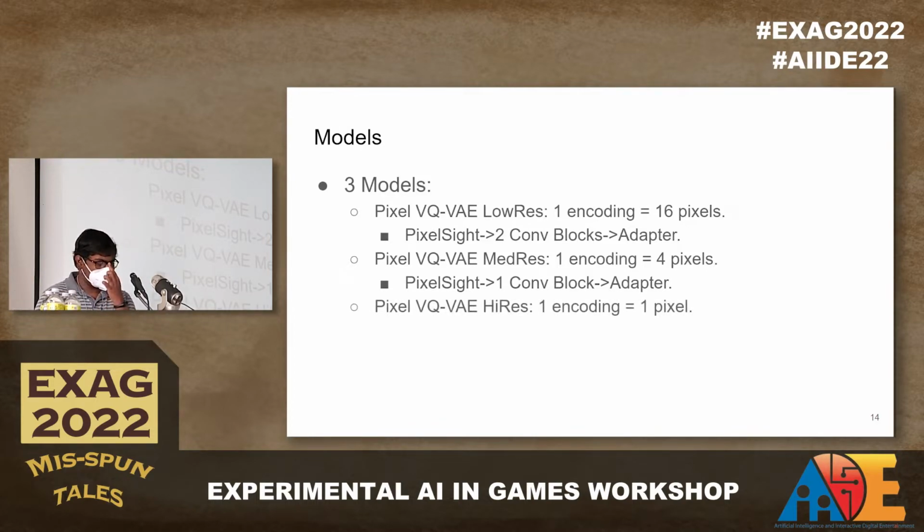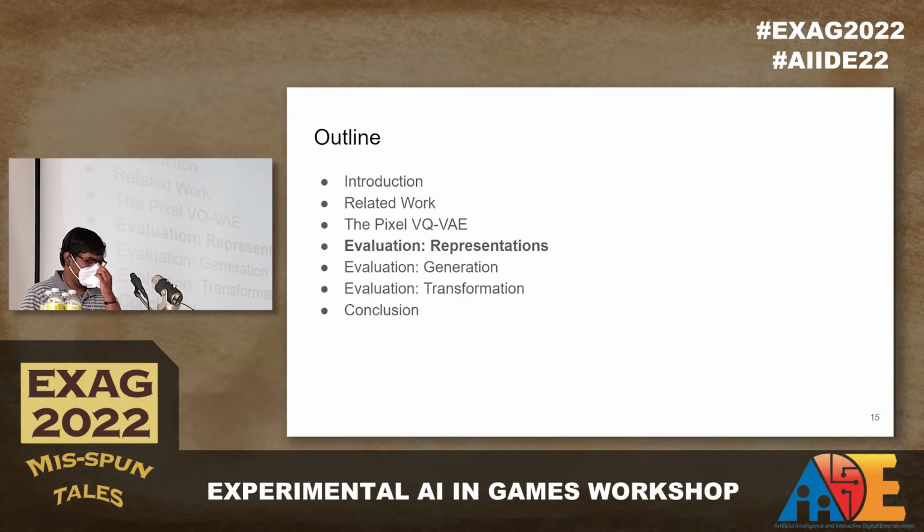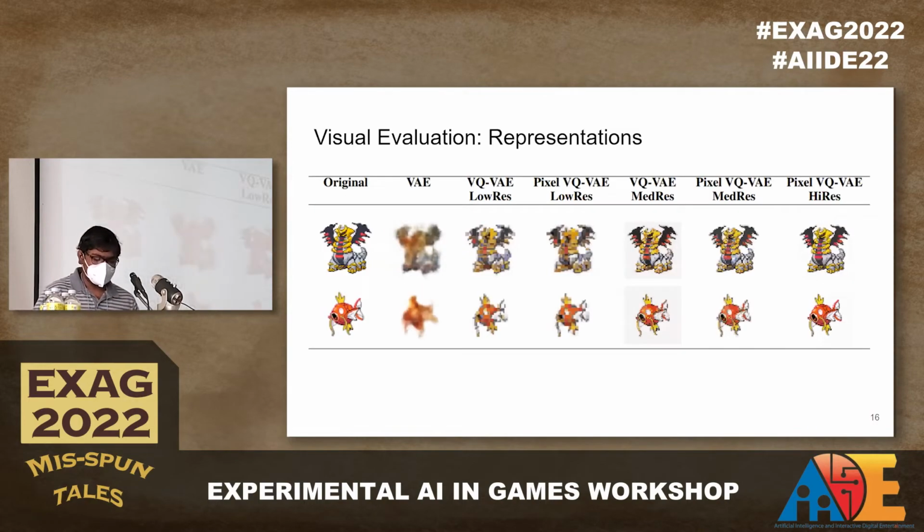And in the case of the high resolution, each encoding is 1 pixel, like I mentioned earlier. Now, an interesting thing about the high resolution model is that it doesn't use any normal downsizing convolutional blocks. It just uses a single 1x1 convolution block that works a bit like the pixel size layer and the adapter layer.